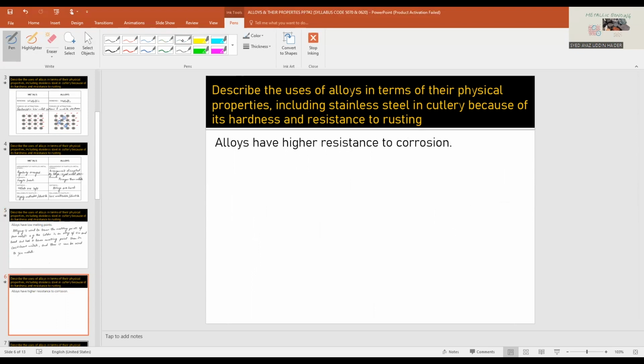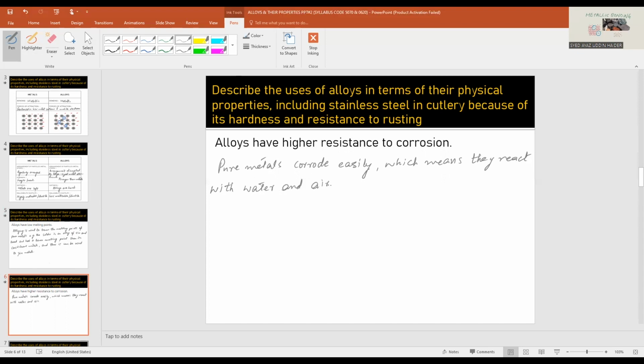Alloys have higher resistance to corrosion. Pure metals corrode easily, which means they react with water or oxygen. Alloys have a higher resistance to corrosion.